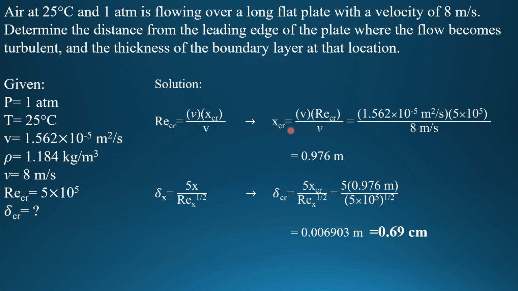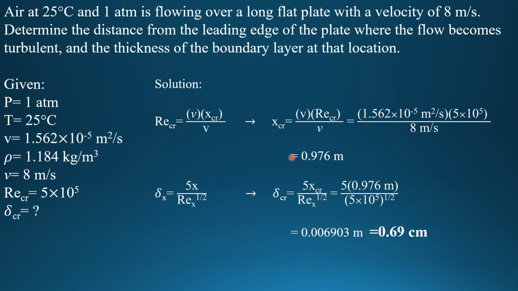So we rearrange the equation to have this equation of our distance at critical point that is equal to the kinematic viscosity times the Reynolds number at critical point over the velocity. So we plug in our values. We have here 1.562 times 10 raised to negative 5 square meter per second times 5 times 10 raised to 5 over 8 meters per second.